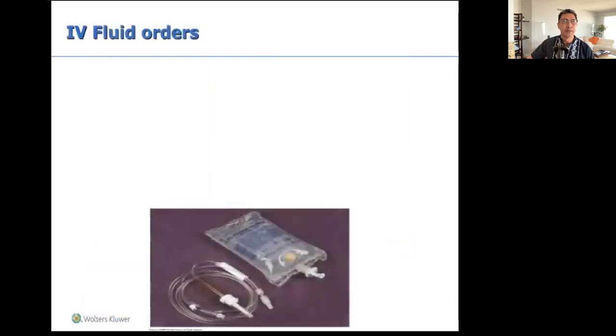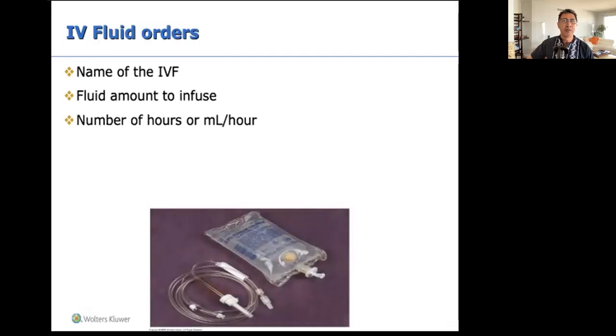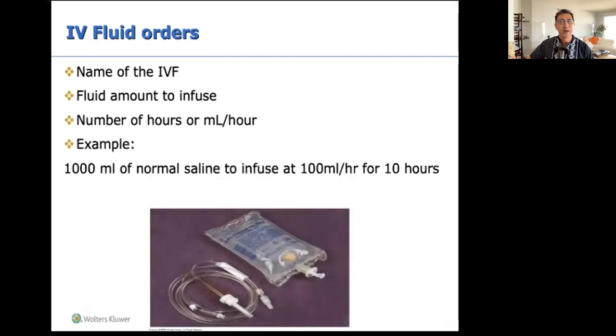All right, now IV fluid orders. For an IV fluid order, you need parts: the name of the IV fluid, the amount to infuse, and the number of hours to infuse. An example is 100 mLs of normal saline to infuse at 100 mLs per hour for 10 hours.